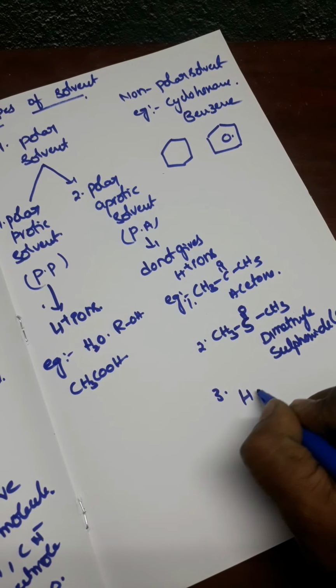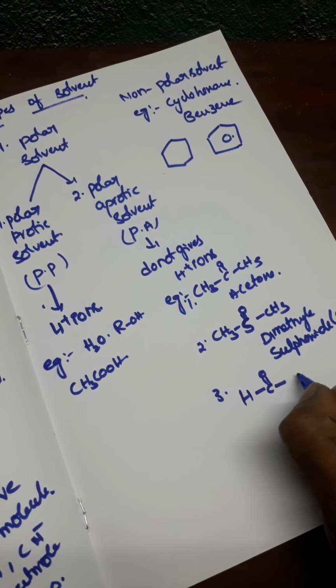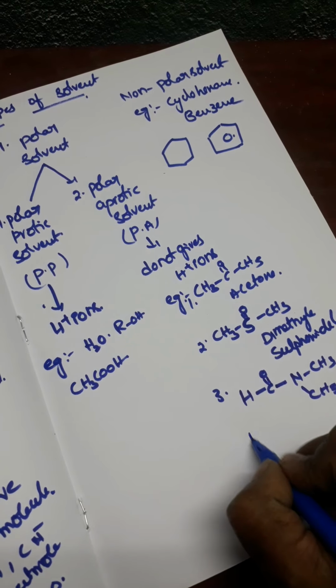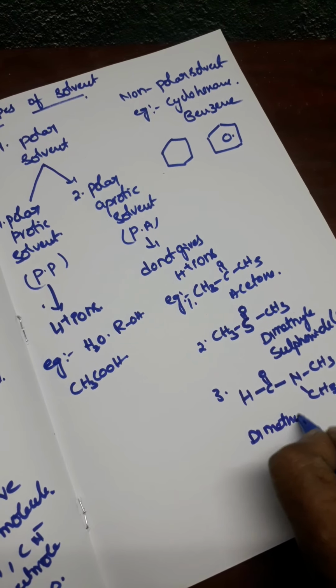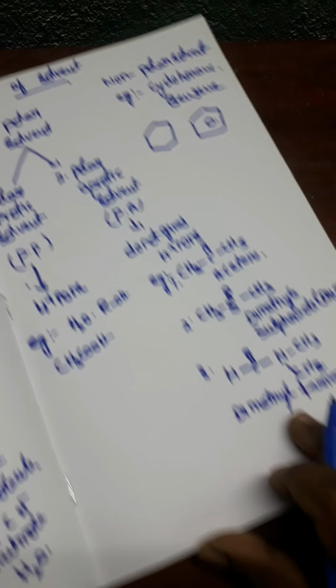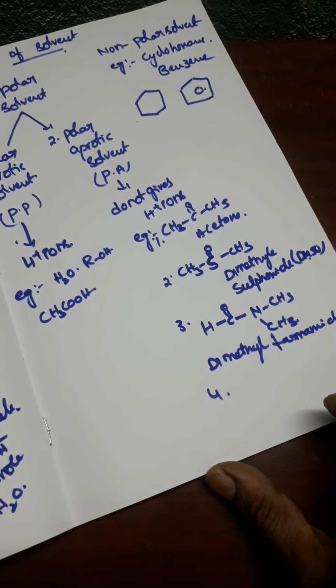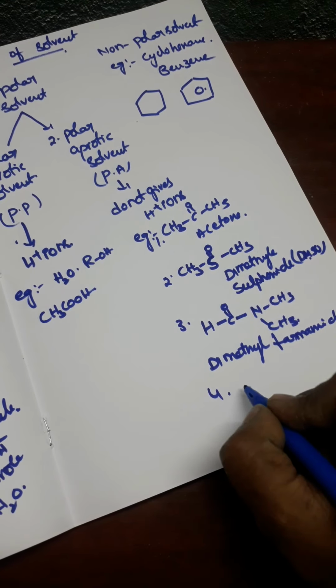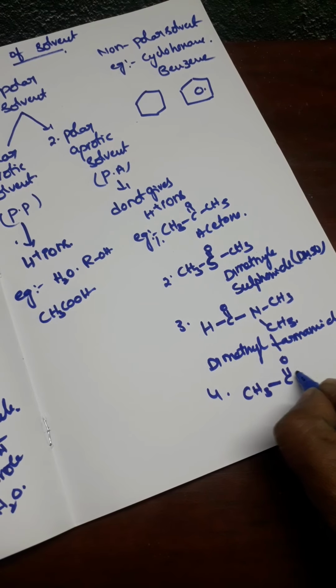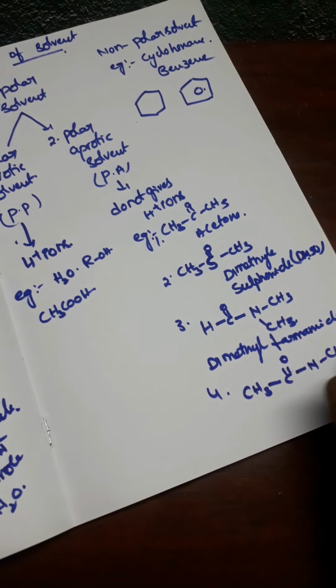The third one is dimethyl formamide. The structure is H, C double bond O, N, CH3. This is dimethyl formamide. Next one is dimethyl acetamide. The dimethyl acetamide structure is CH3, C double bond O, N, CH3.